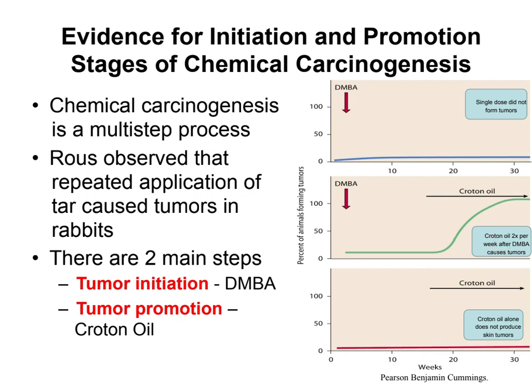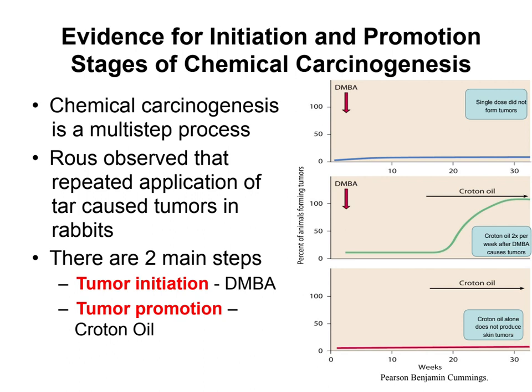Croton oil is extracted from the croton plant, but it is a poisonous liquid that causes irritation. So we would have long-term exposure to this agent that causes irritation. And they treated it 2 times per week. And what they saw is an increased rate of cancer. Now, if they only treat with croton oil, they do not produce skin tumors.